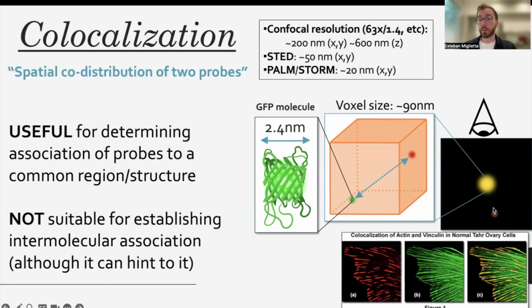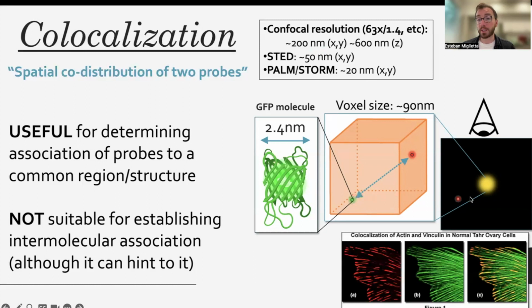That means that when we are seeing one of these yellow pixels, we understand, oh yeah, this means that these two molecules are occupying the same space. Actually, what we are seeing is a pixel, or a voxel if we think in 3D, that has dimensions much, much bigger than the size of the molecules that we are studying.